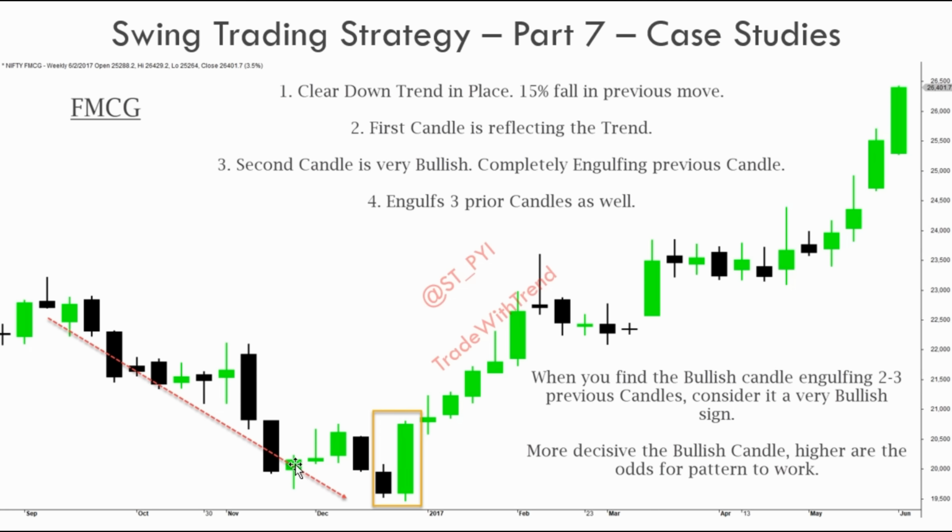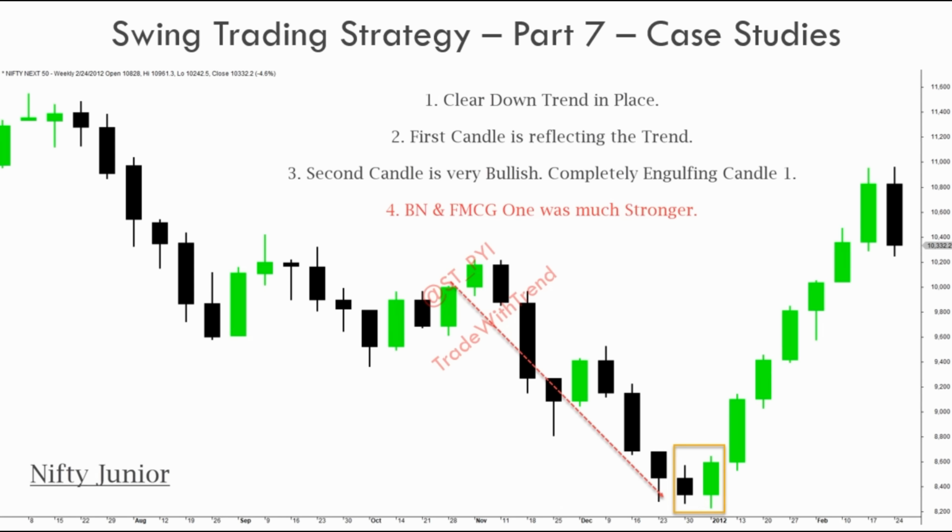So the next case study that I'll pull out is of Nifty Next 50, that is Nifty Junior. So this is of 2012. Now we had a prior downtrend in place, again 10-15%. The first candle that you see represents the existing downtrend. Then look at this second candle, what happens? It makes a clear low with respect to this candle.